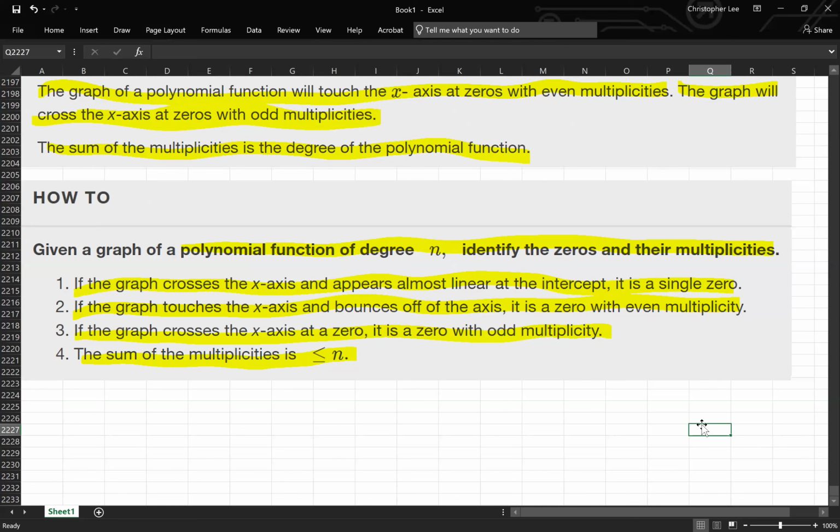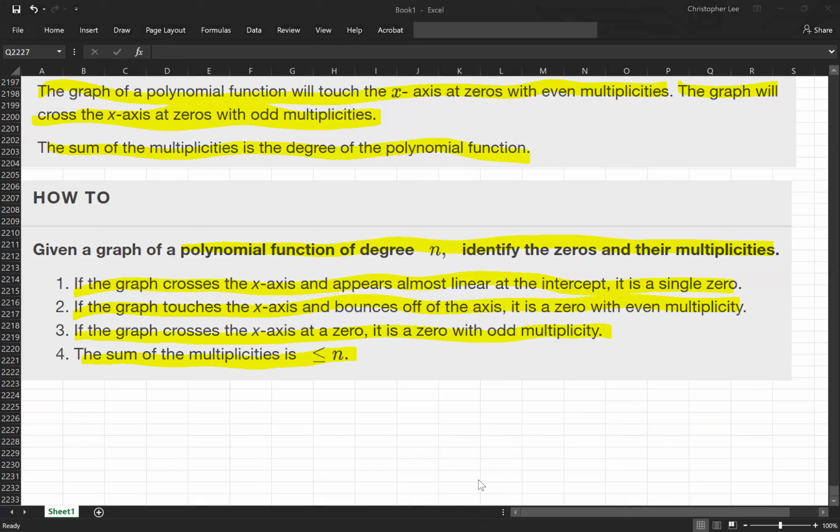If the graph crosses the x-axis at a zero, it has an odd multiplicity. The sum of the multiplicities is less than or equal to n, because the polynomial has at most n factors.